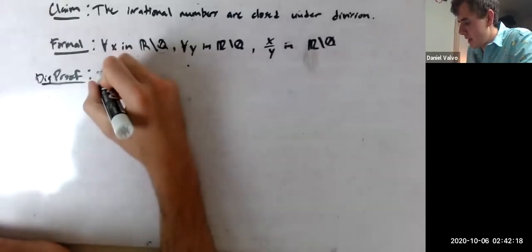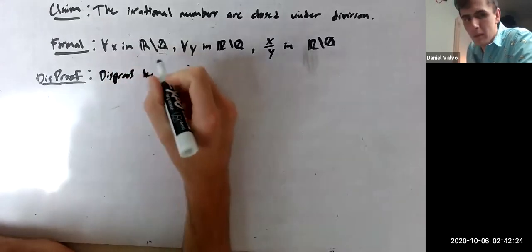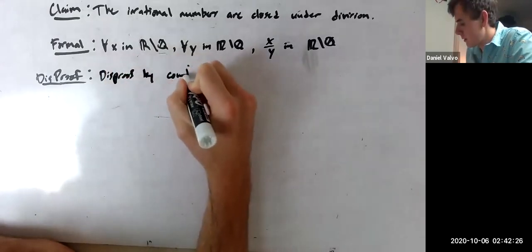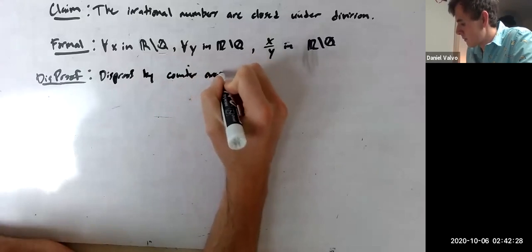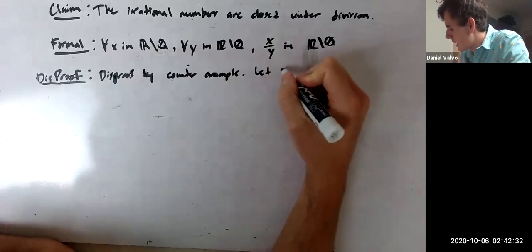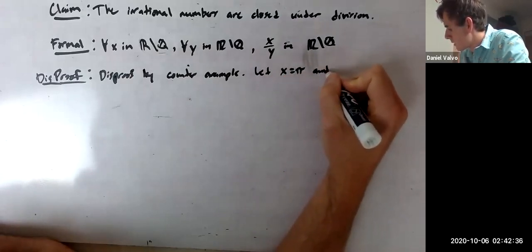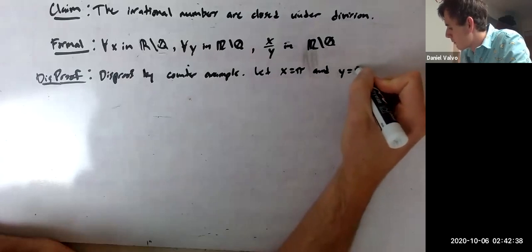And so what we're going to do here is say disproof by counterexample. Let x equal pi and y equal pi.